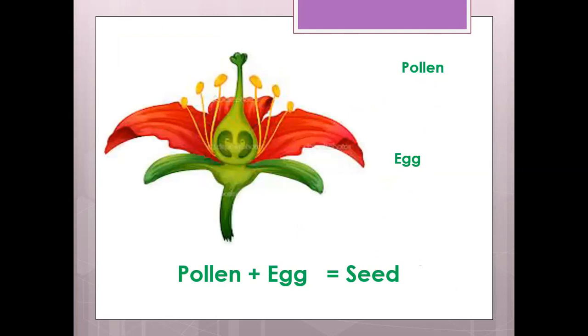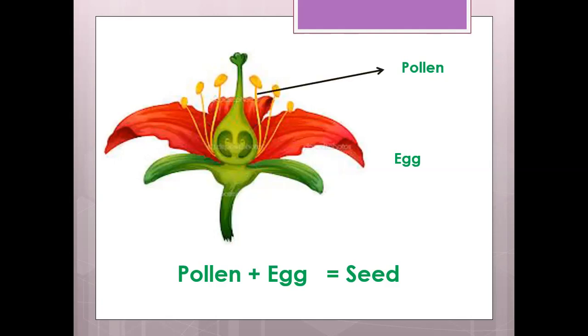Why is the flower the part which is making the seeds? Because the flower is having the male part, which is having the pollen, and it's having the female part, which is having the egg. So the pollen and the egg, they are stuck together, they are mixed together, and then they will be forming the seed. So the seeds, they are formed in the flower, and they are held in the fruit. Don't be mixed up, okay?